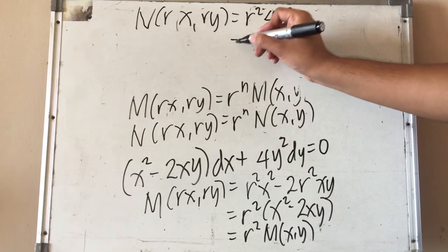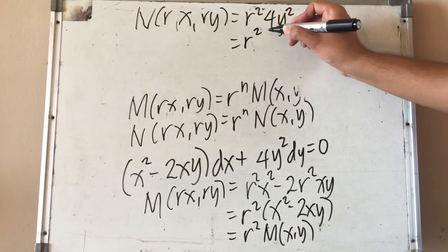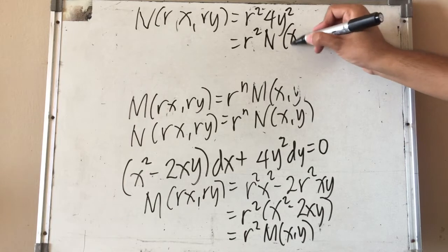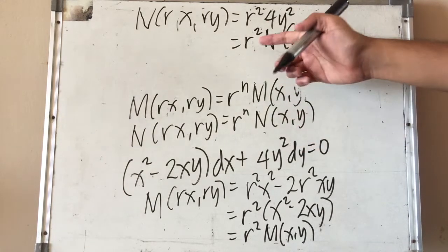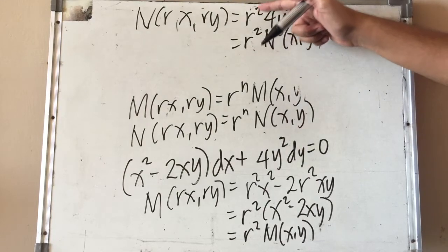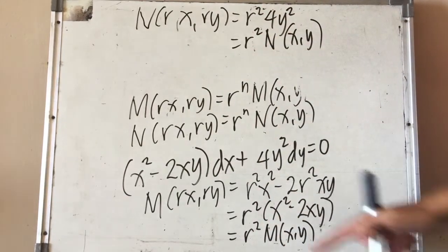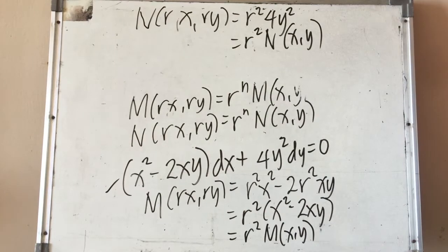So this is equal to r squared N(x,y). So since they have the same degree n, r squared and r squared, this equation is homogeneous of degree 2.